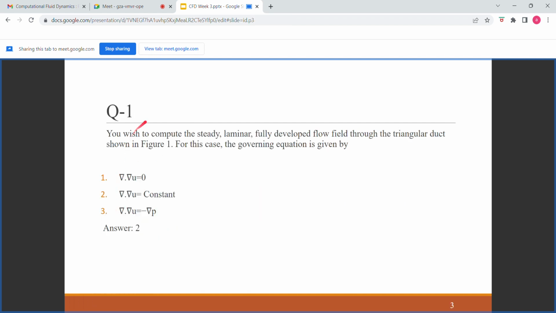The first question was asking about the governing equation for a steady laminar fully developed flow field through the triangular duct. For that, we have seen that it would be del dot del u equal to constant.